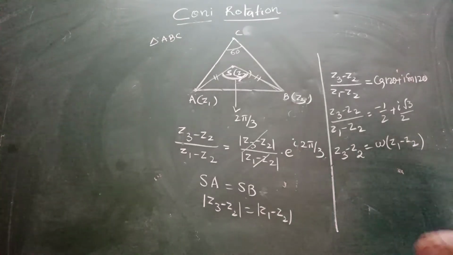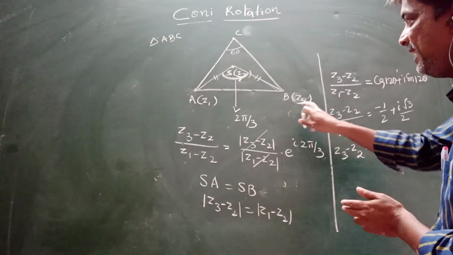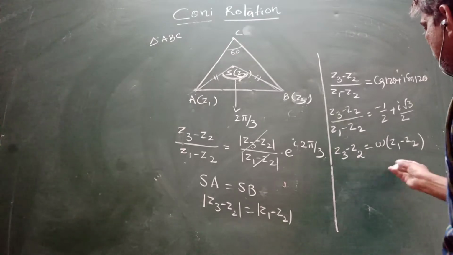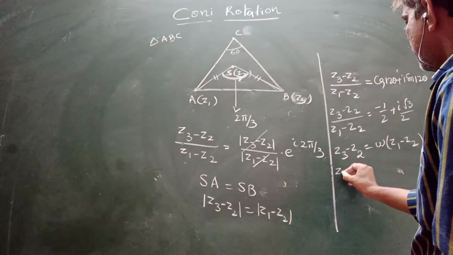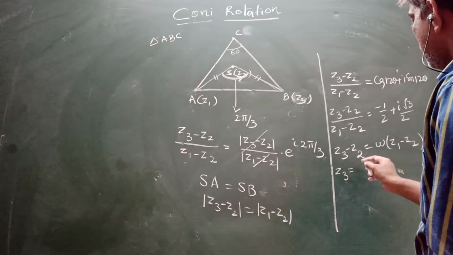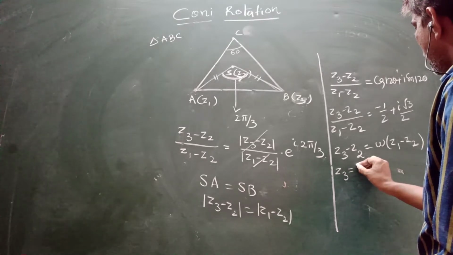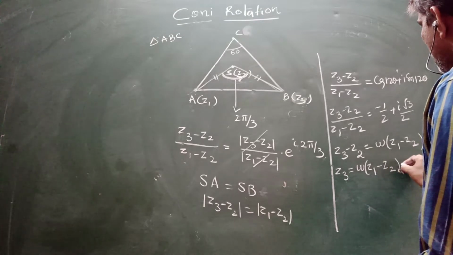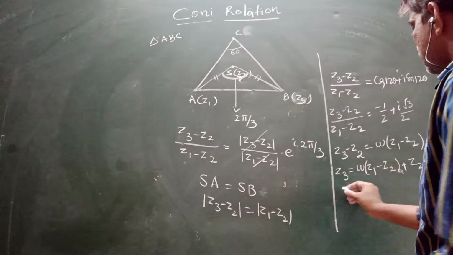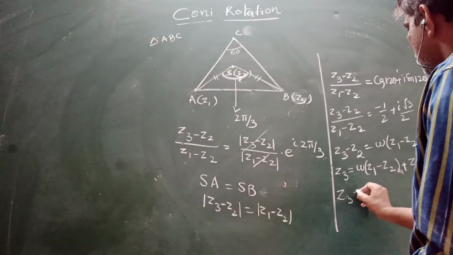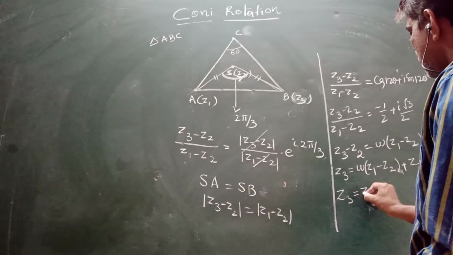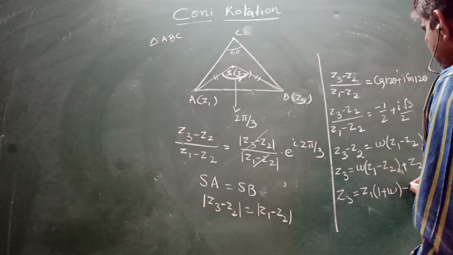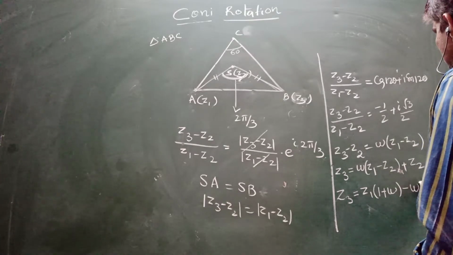Children, now here I want to find Z3, that is B. So write the subject as Z3. Z3 is equal to omega into Z1 minus Z2, plus Z2. Therefore Z3 is equal to, taking Z1 common, Z1 into 1 plus omega, minus omega Z2.